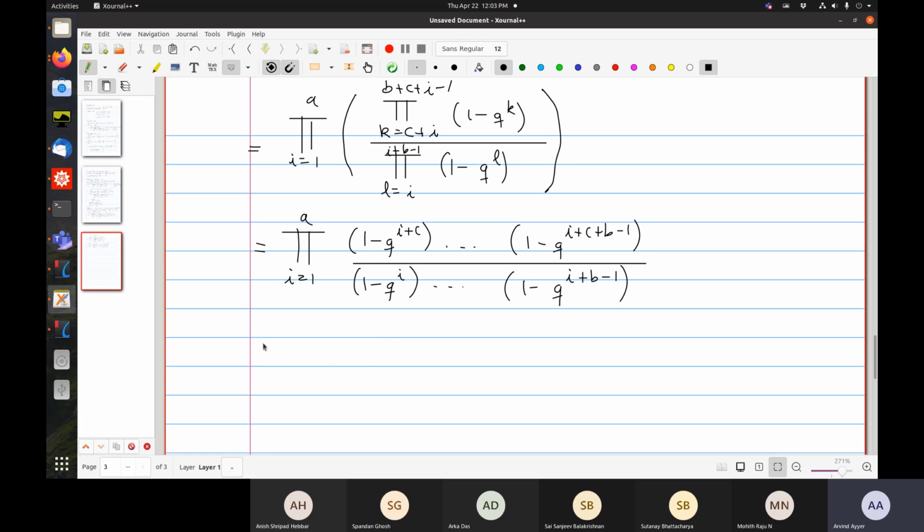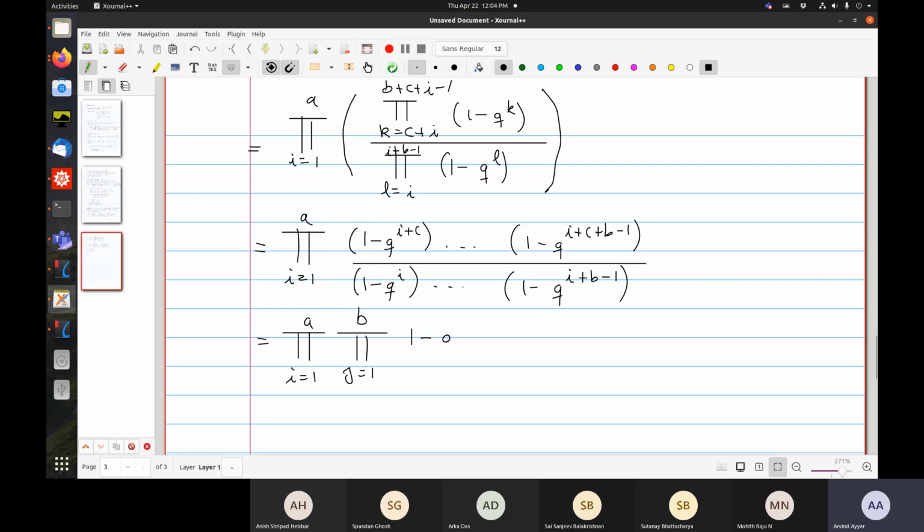So let me write it in another way. So this is product I equals 1 to A, product j equals 1 to B. And what am I doing? The difference between these terms is always c.